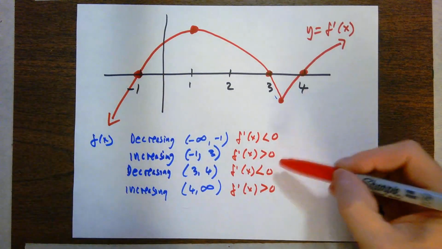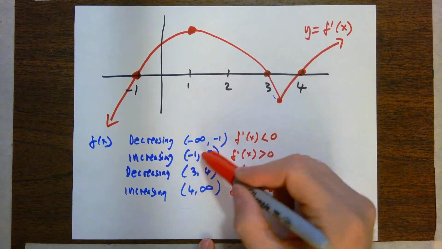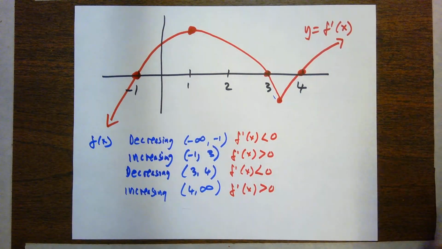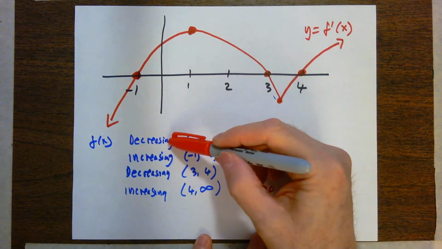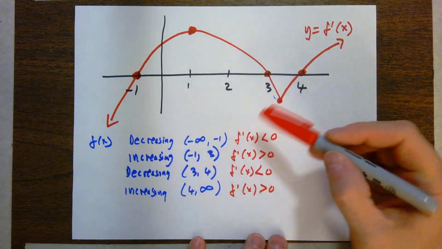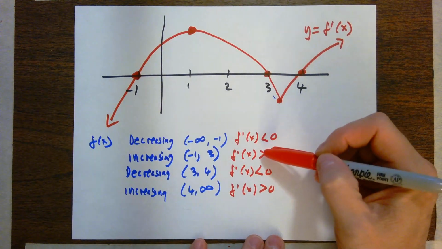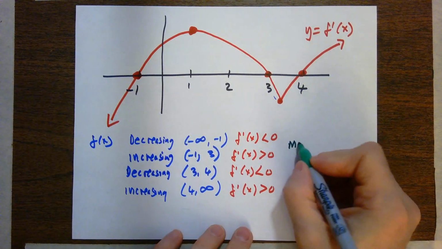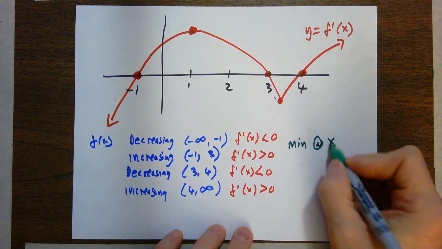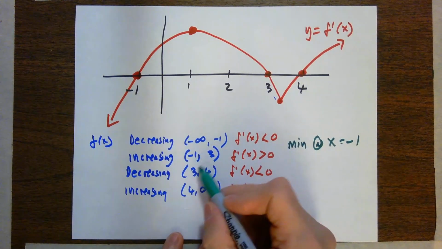So, given all this information here, what do I know? What's happening at -1 in the original function? I'm going from decreasing to increasing. I'm going from negatively sloped lines to positively sloped lines. So, I'm going to have a minimum at x equals -1. What's happening at 3?